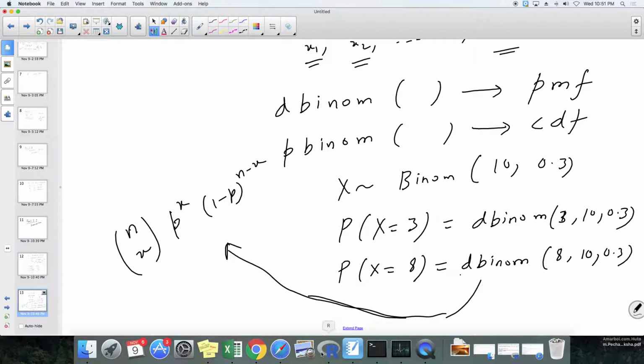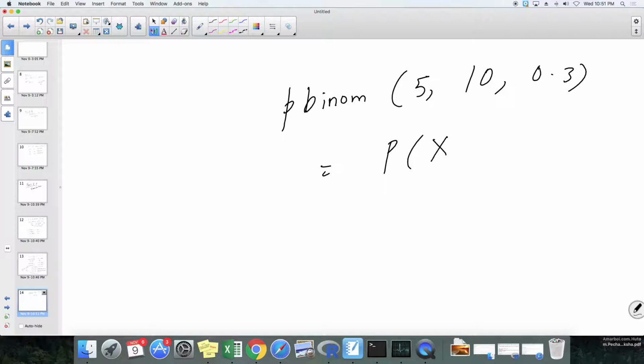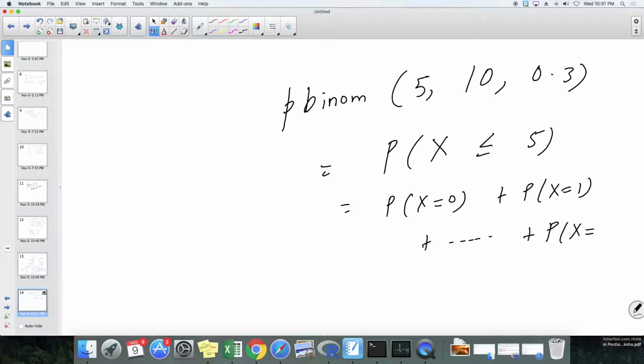That means suppose pbinom(5, 10, 0.3) is the probability X less than or equal to 5. That's it. So in that case, that's the probability X equal to 0 plus probability X equal to 1 plus and so on up to probability X equal to 5.